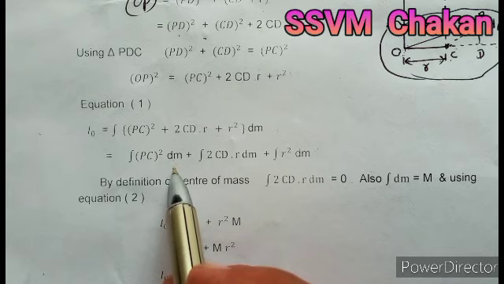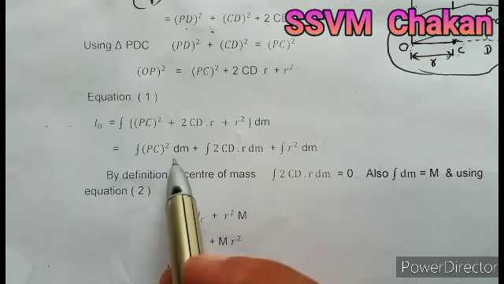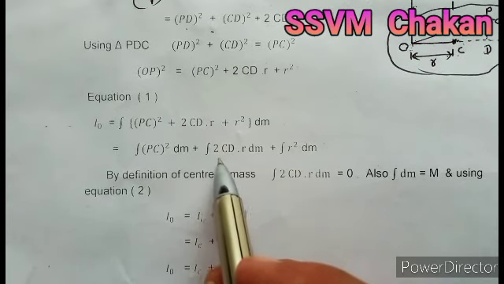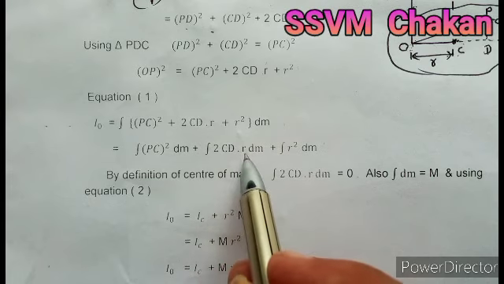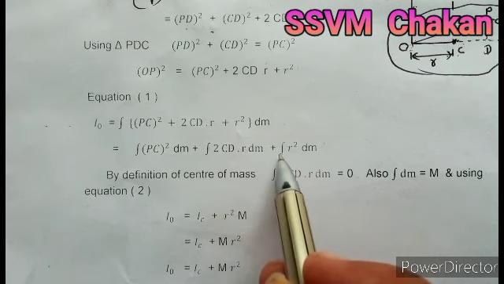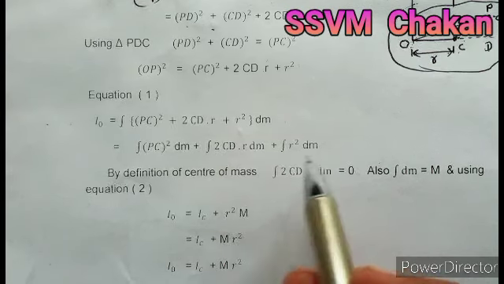Separate out the integration. So integration PC square into dm plus integration 2 CD into R into dm plus integration R square dm.